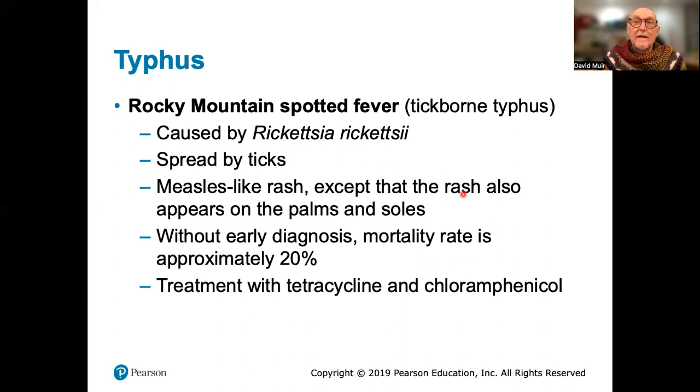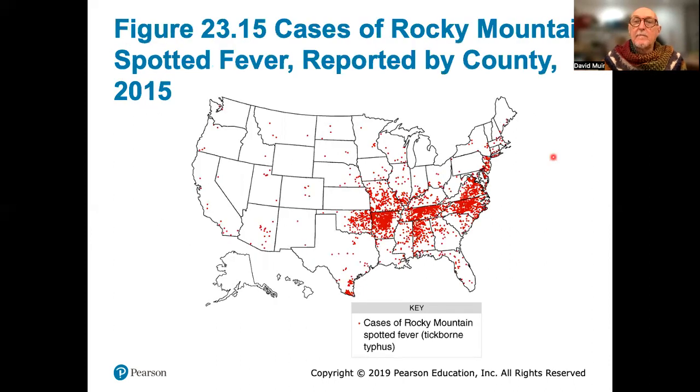But even treated, it causes a very debilitating illness. So this is the major distribution, again, towards the east of the country. In season, when ticks are breeding and widespread, it commonly occurs in hikers, hunters, people moving through countryside.